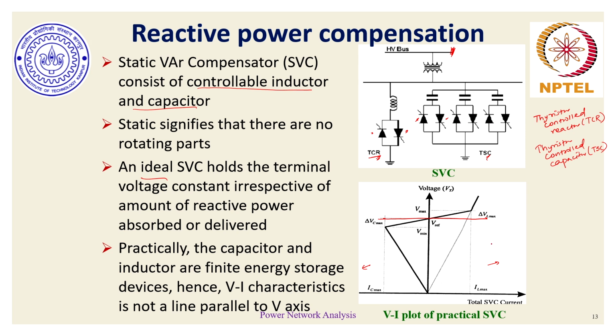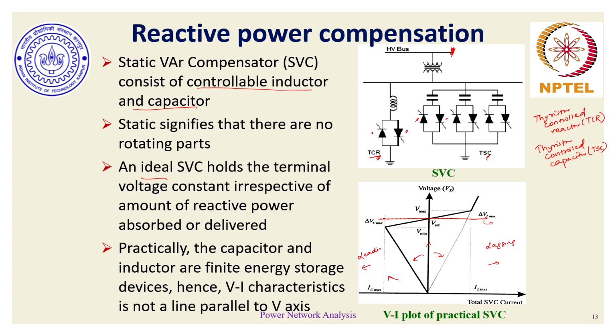Basically, one side of the plot corresponds to the lagging power factor mode, and the other side corresponds to the leading power factor mode, which is why the current in the capacitive mode leads the voltage, and in the inductive mode it lags the terminal voltage. The ideal SVC should have a flat line profile, but since these are practical devices, every reactor and capacitor has a maximum current handling capacity, maximum voltage bearing capacity, and hence maximum power which these devices can deliver.